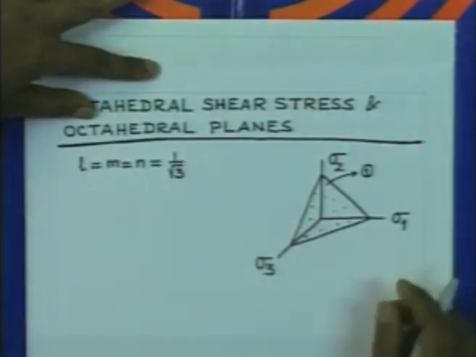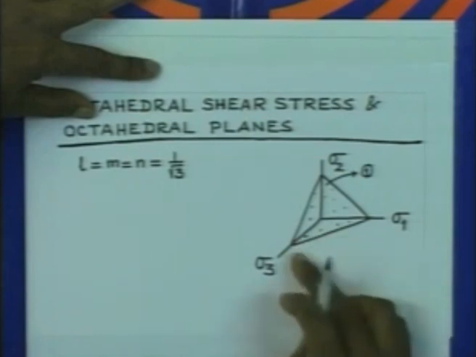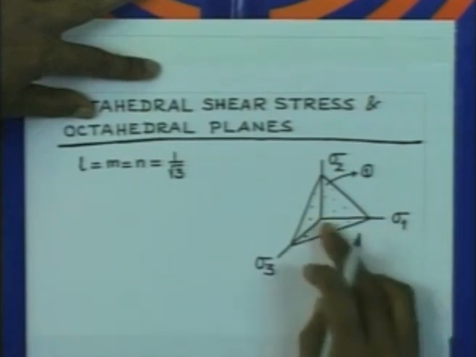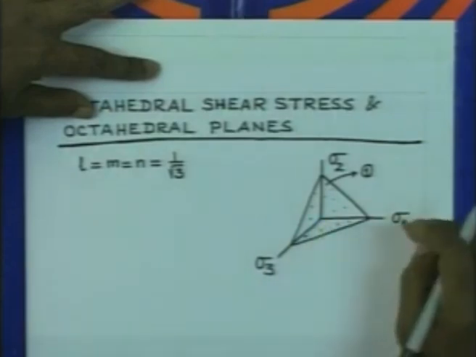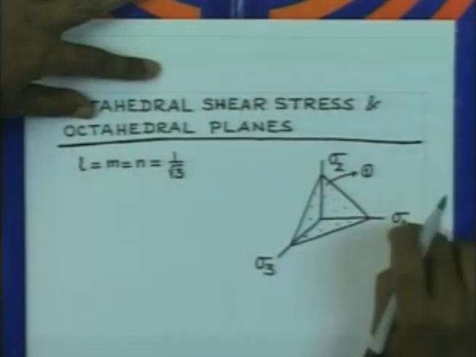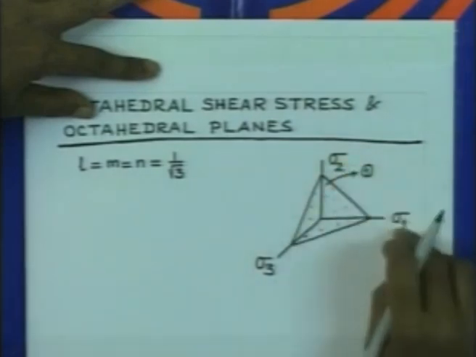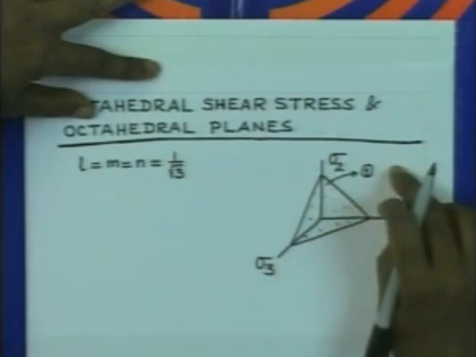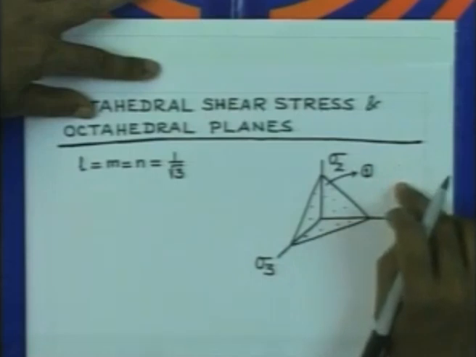How many such planes will be there? In fact, in the positive quadrant we have such a plane. We can consider the quadrant formed by the directions sigma 2, sigma 1, sigma 2 and minus sigma 3. We will have another octahedral plane.